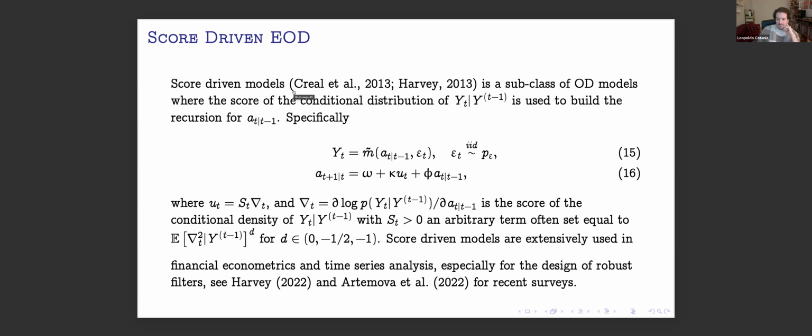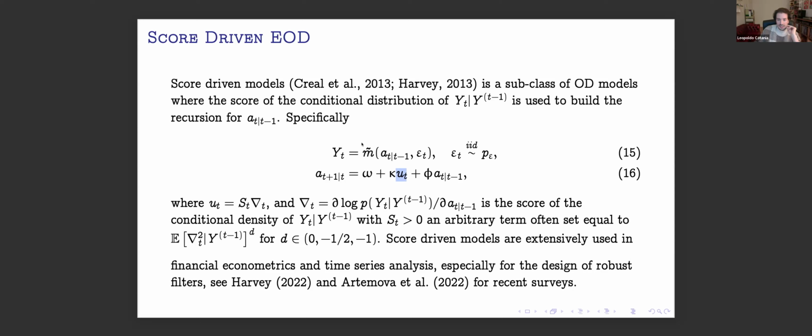And now the idea is to set up a model like this one, an observation-driven model, where the forcing variable of this stochastic recurrence equation is defined as a function of the score of the predictive distribution implied by the model.